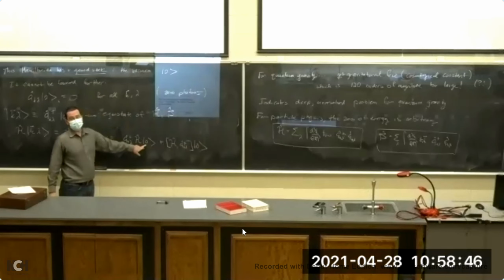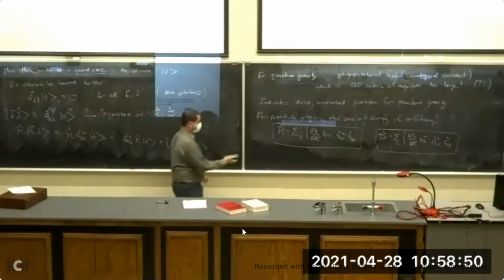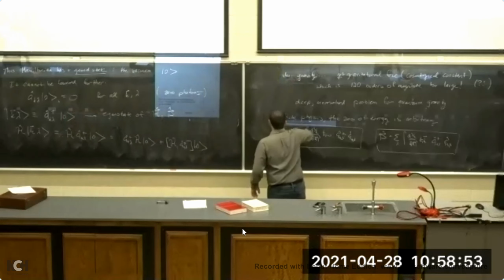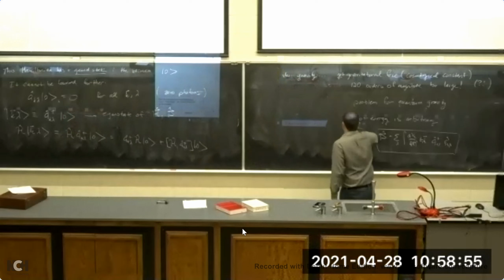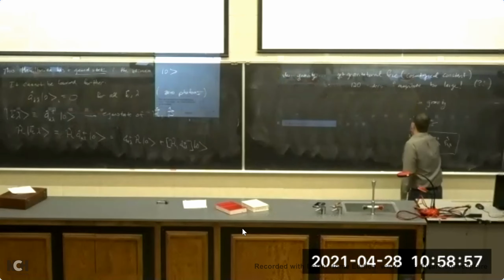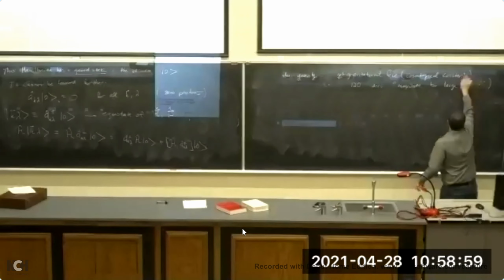The vacuum state is the state with no energy, right? So another way to say this is if I take the Hamiltonian operator and evaluate it on the vacuum, by the definition of what I mean by the vacuum, I immediately get 0.